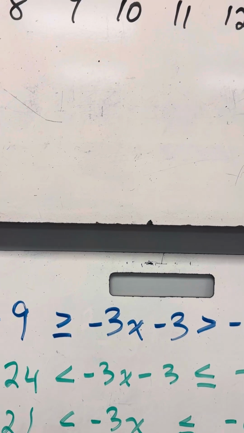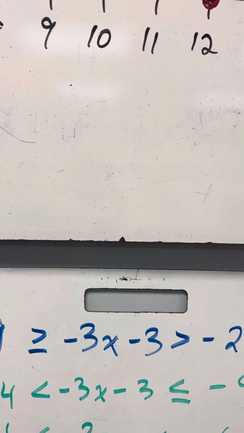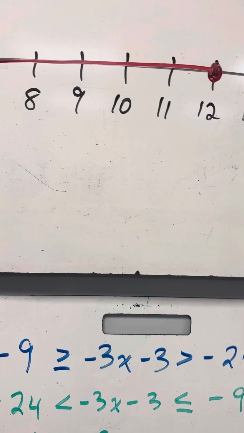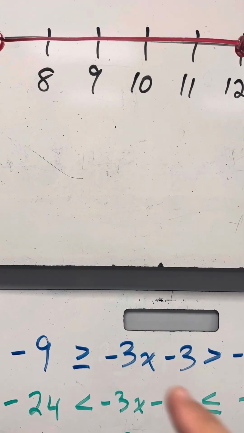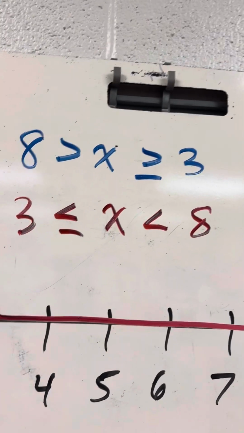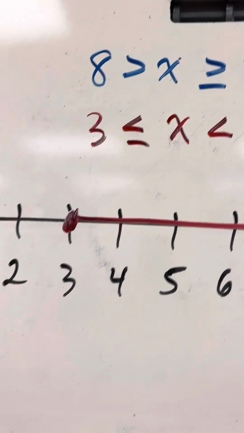All right, so here, actually, here's what we're going to do first, all right? When you have greater than and greater than, just like we had back here, we flipped it around first. That's what we're going to do.